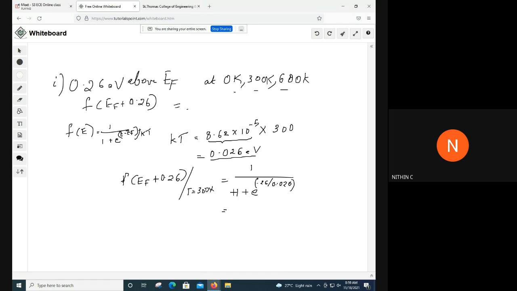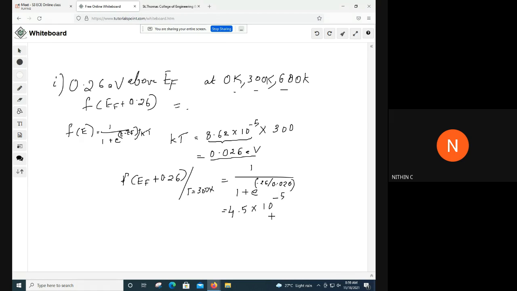Press the button and type the answer. No, tell the final answer. Yes, 4.5 into 10 raised to minus 5 is the right answer. That's correct. 4.5 into 10 raised to minus 5. You just check whether you are getting it or not.